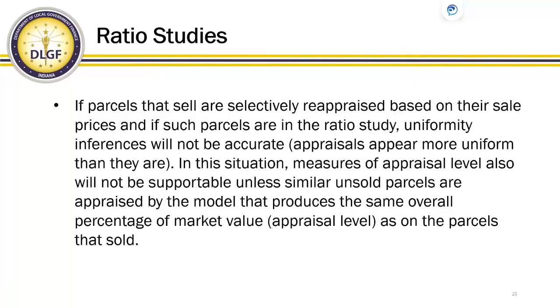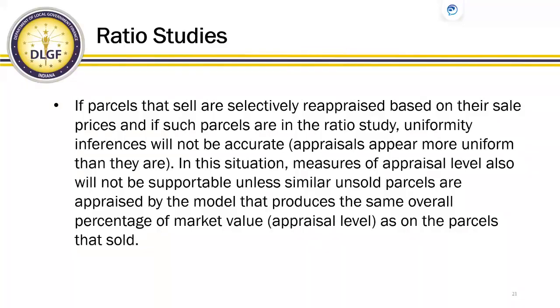Now, on the next slide, I'll talk about things we want to avoid because they hurt representativeness. For example, if you selectively reappraise properties based on the sales price, and those end up in the ratio study, representativeness goes down and the inferences that we make with the data are going to be inaccurate.